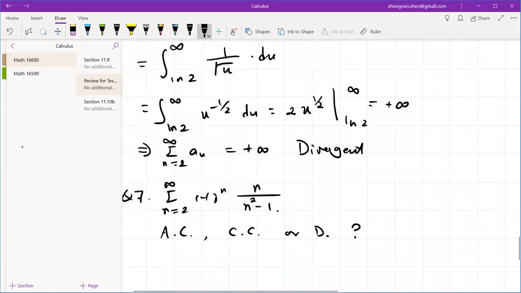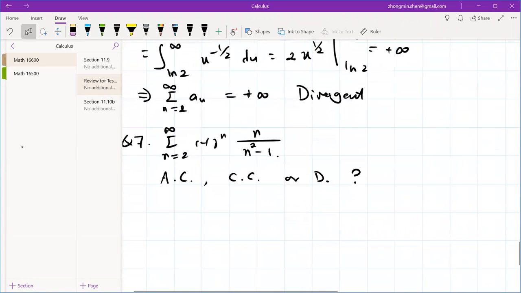That's the question. And you have to prove your claim. If it's absolutely convergent, you have to prove that. If it is conditionally convergent, you have to prove it. When I make this simple observation, I see that n over n squared minus 1 is almost equal to n over n squared, which is almost 1 over n.